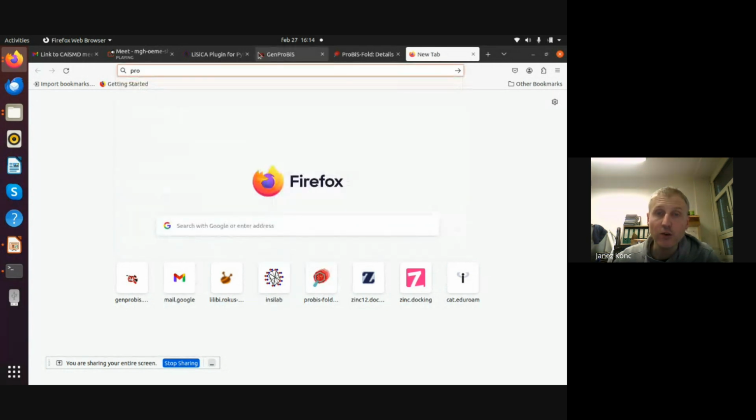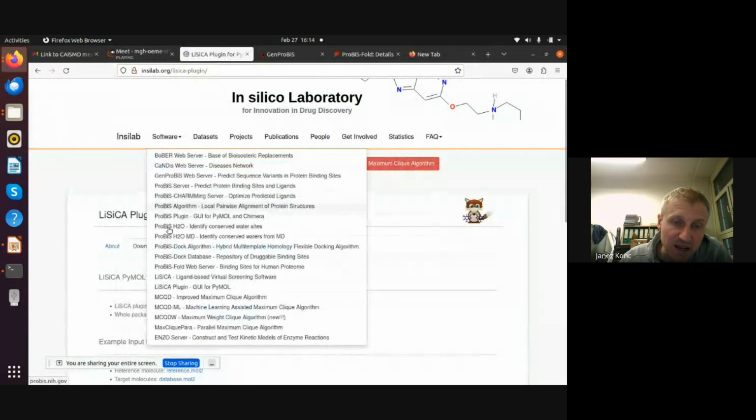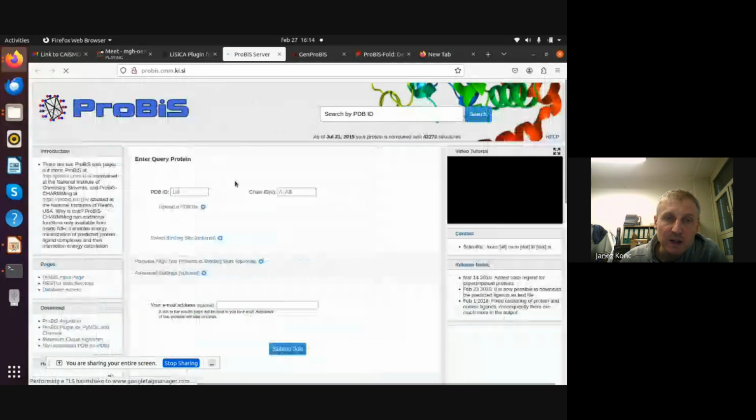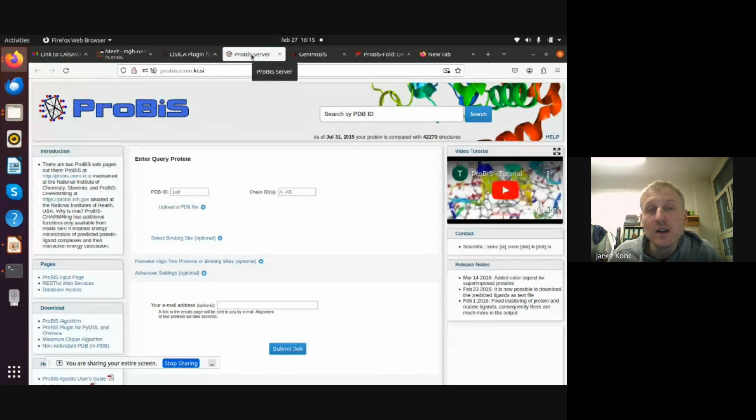And I must not forget, we also have our basic ProBis web server, which is very heavily used. I hope this one basically gives you the similarity between two proteins or a protein and your protein database.